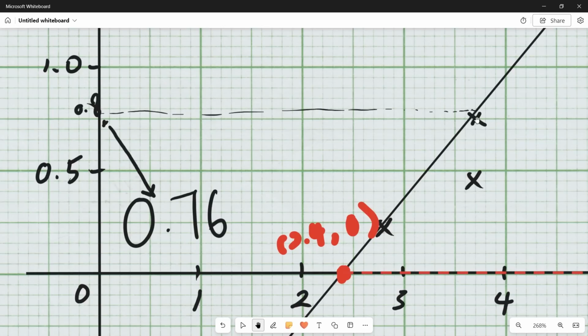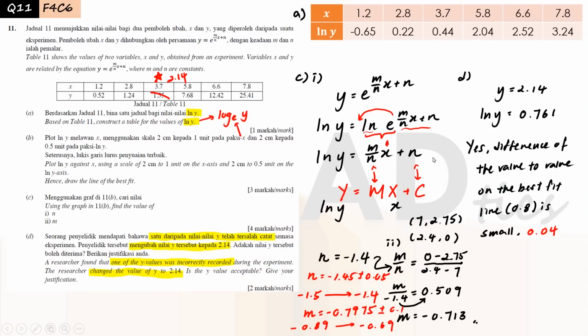So this can be the reason why we accept this new point as our answer, because the difference between these two is very small. Here we can write: yes, because the difference of the value, which is 0.76, to the value on the best fit line that we have drawn, which is 0.8, is small, right? And then you can just write out the difference between the two values to show that it is very small.